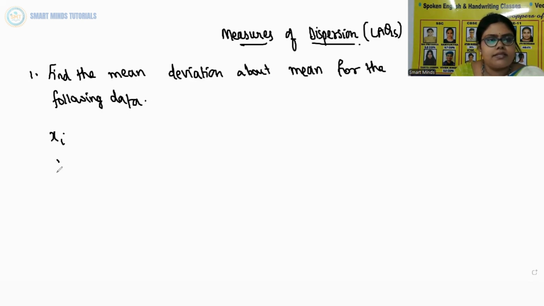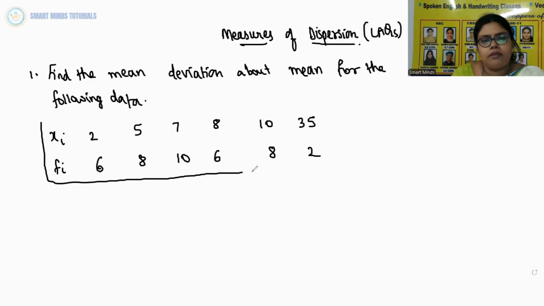So xi is given, fi is given. xi: 2, 5, 7, 8, 10, 35. And in fi: 6, 8, 10, 6, 8, 2. This is the data given.